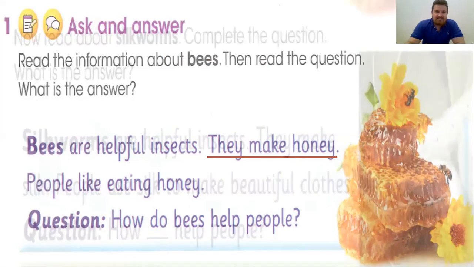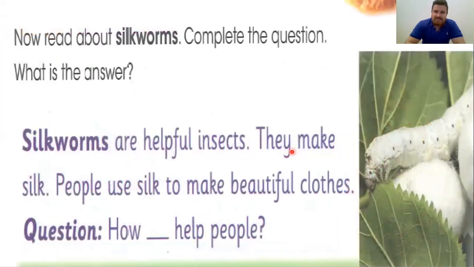All right, let's go to silkworms. Silkworms. Wow, that's a new word. Silkworms. It's a little insect, a little bug like this. It's a bug that makes silk. Okay, so silkworms, so more than one, silkworms are helpful insects.